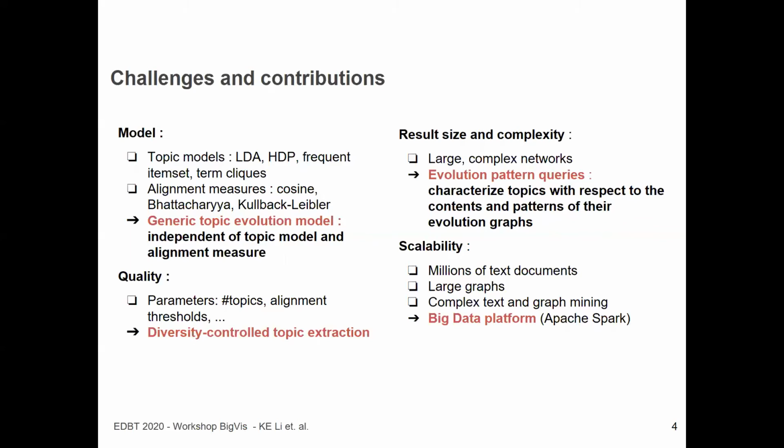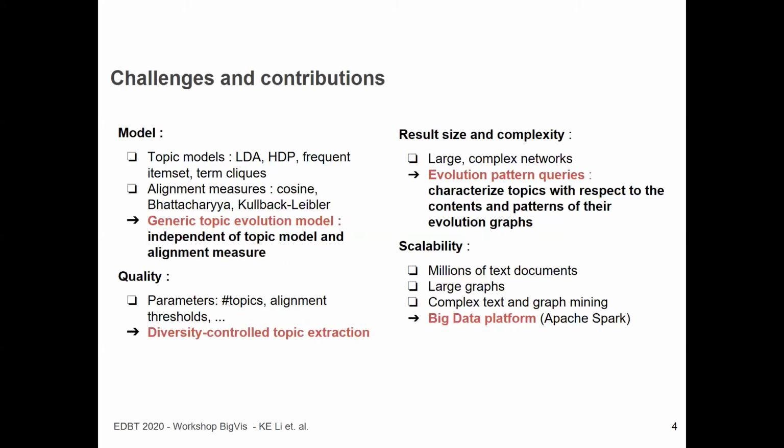In our first implementation, we use LDA to extract topics and cosine similarity to align topics from different periods. But the choice of LDA and cosine similarity doesn't exclude the use of other topic models and similarity measures. Each method depends on a lot of parameters, which can significantly affect the quality of topic sets and the quality of evolution graphs.